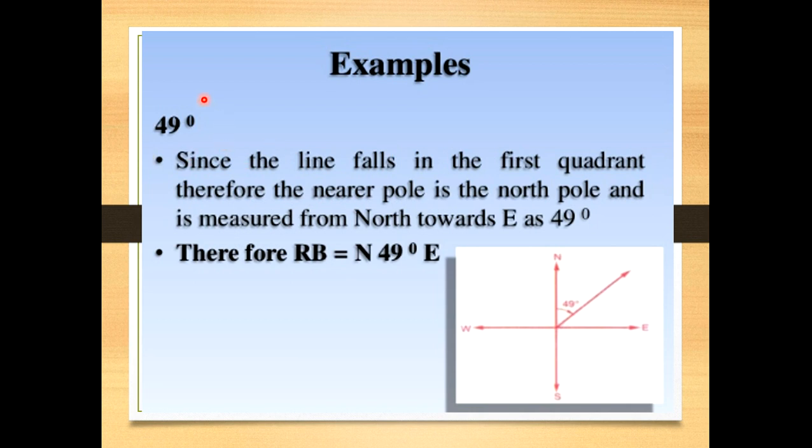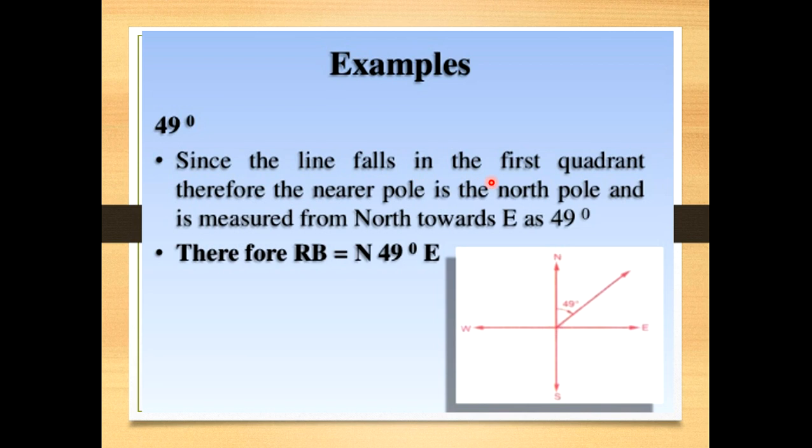49 degree, first quadrant. So how to calculate reduced bearing? We have seen in the previous slide the relation between WCB and RB. Here we have given WCB value 49 degree and we find the reduced bearing.